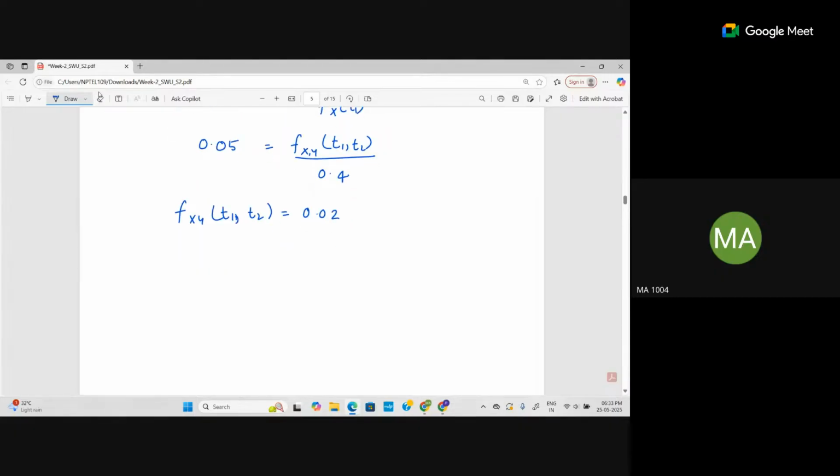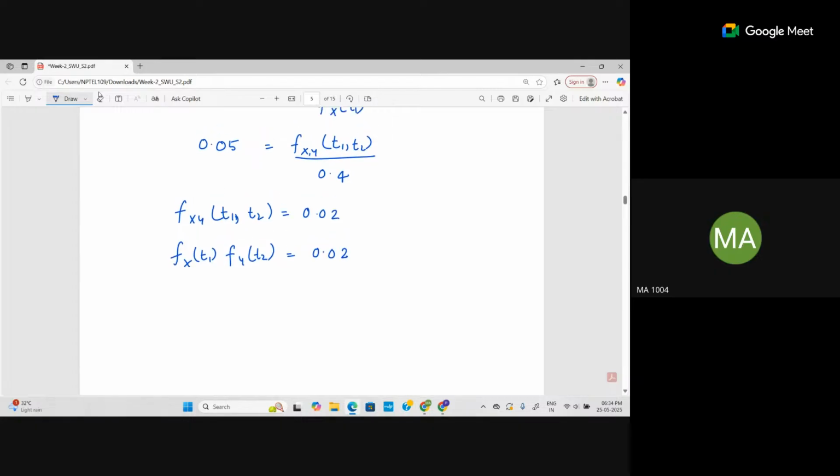And now we know that x and y are independent, so this joint we can write as the product of marginals. It should be 0.02, right? Yes. Okay, so this is 0.02.